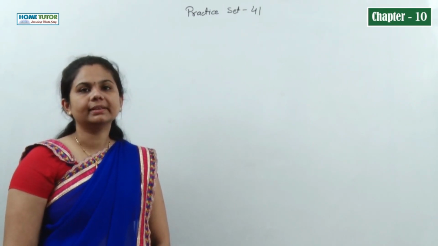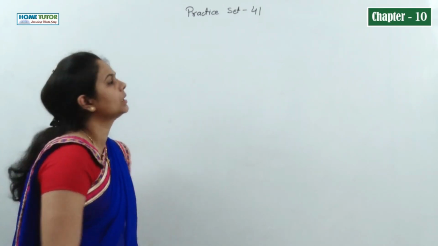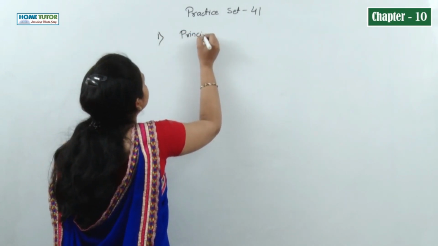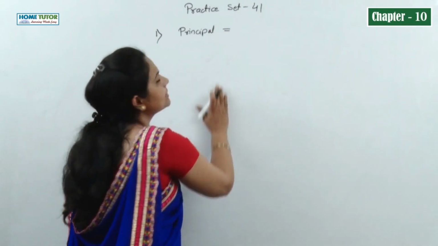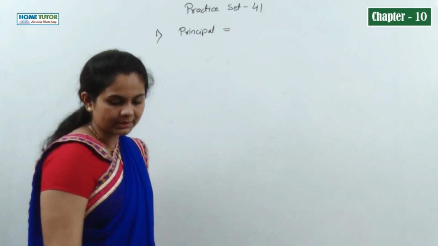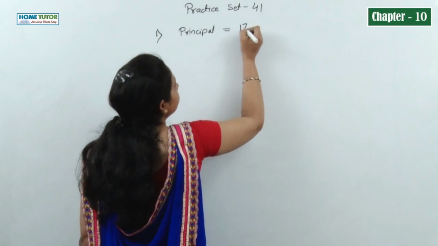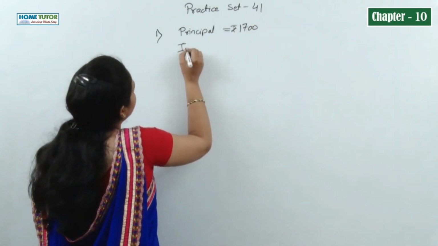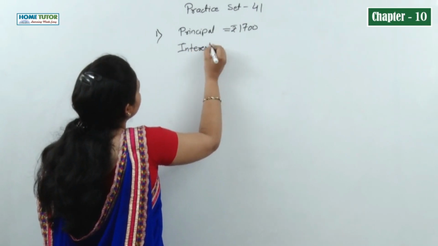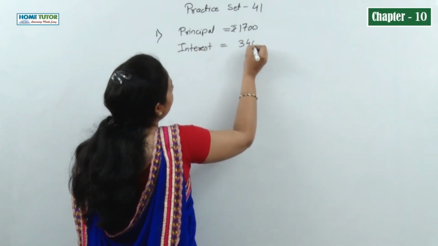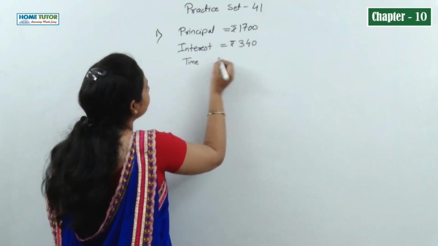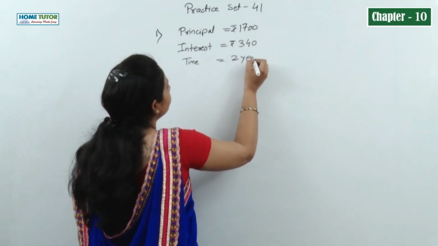Now we will find the given data in this question first. Principal is equals to 1700 rupees. Your interest given is equals to 340 rupees and the time is 2 years.